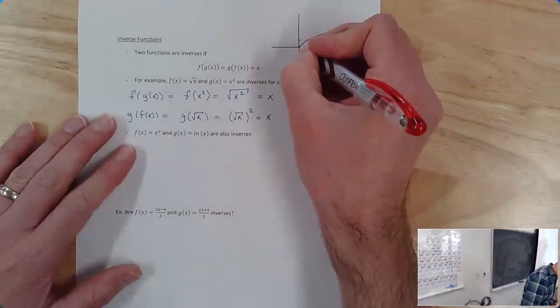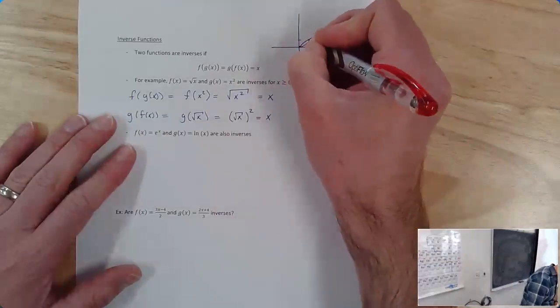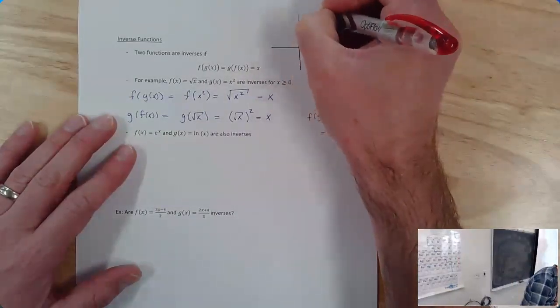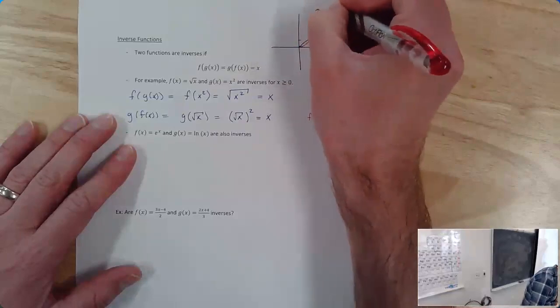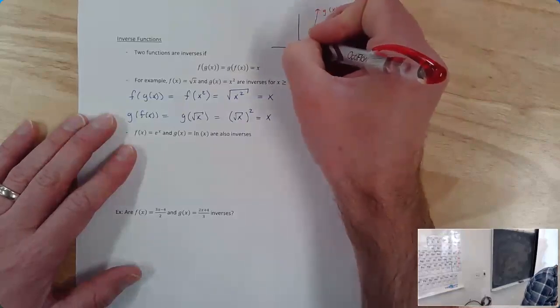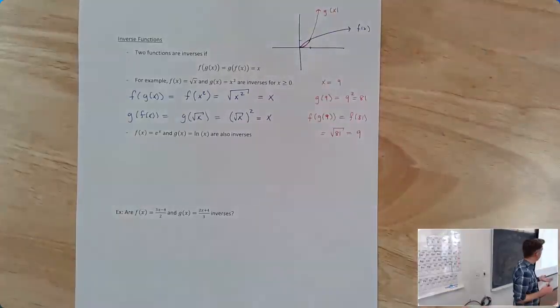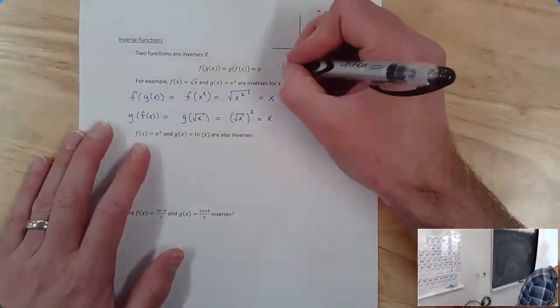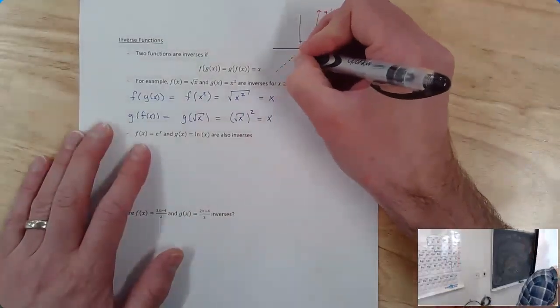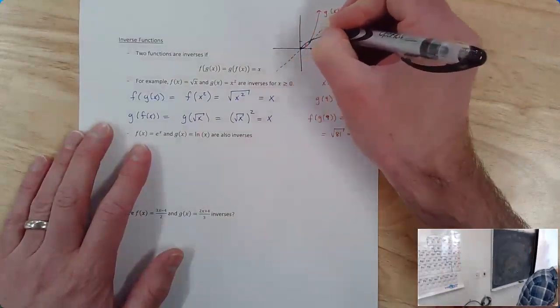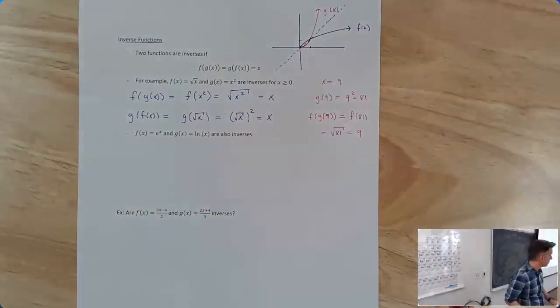So just the right half of the parabola looks like this. And the thing that's true about inverse functions graphically is they look like reflections of each other across the line y equals x. If you were to draw the line y equals x, these two functions look like mirror images of each other in that line. And that is always true for inverse functions.